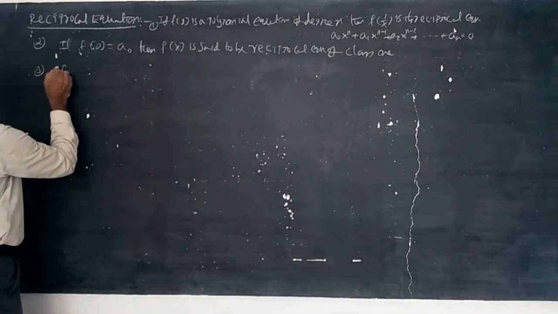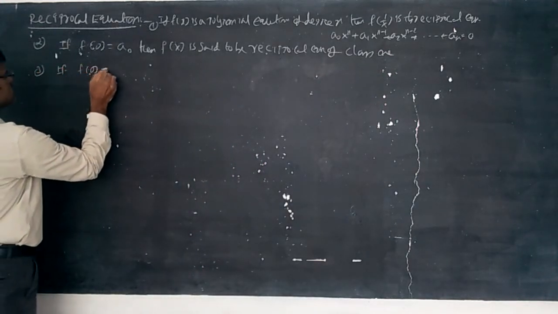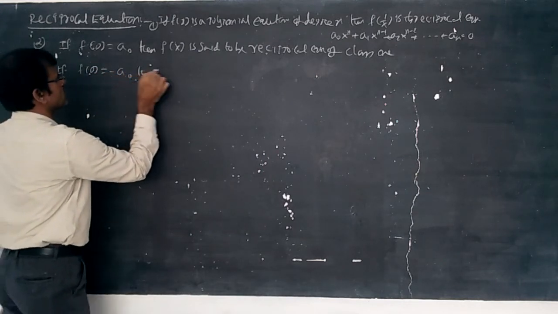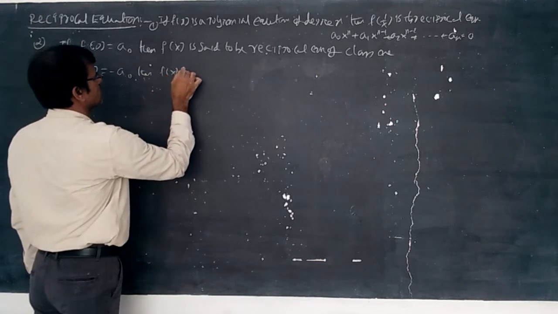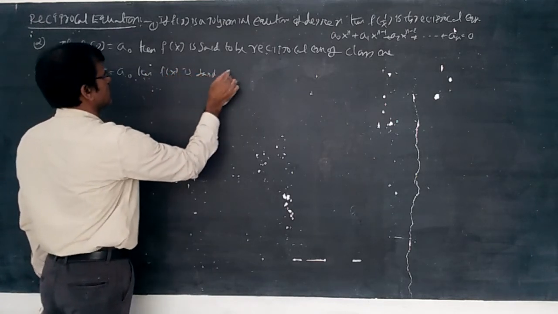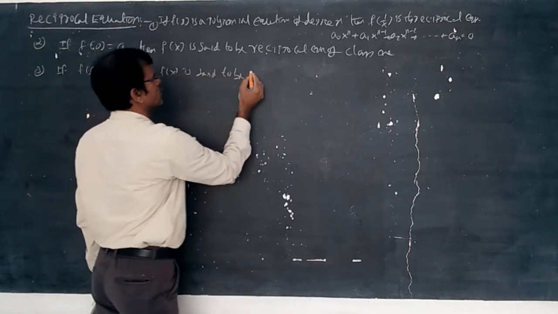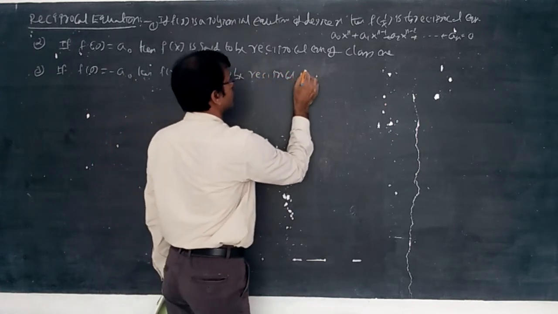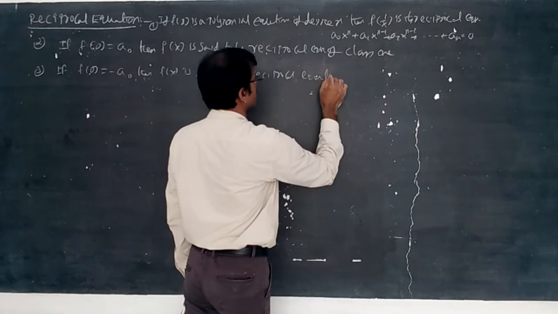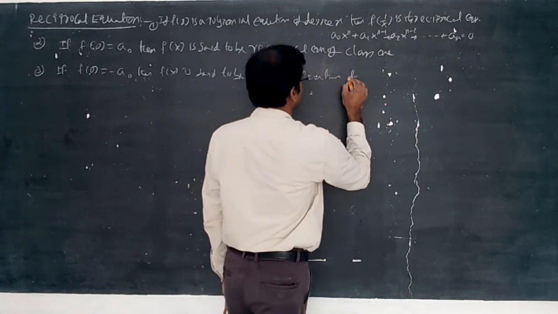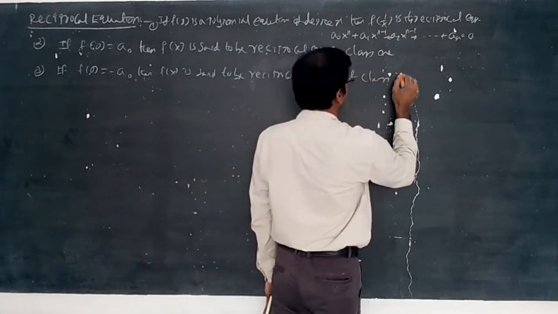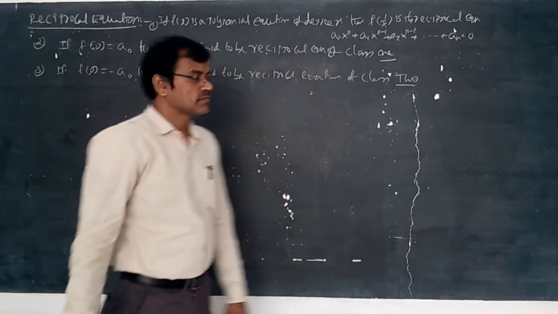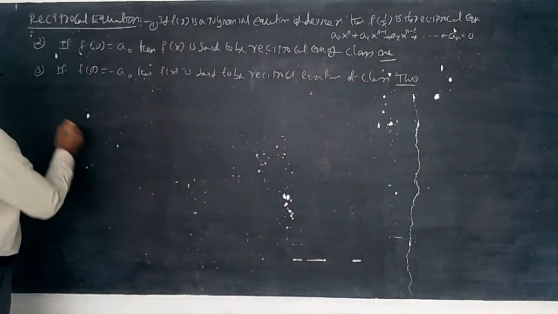Third one. If f of 0 is equal to minus a naught, then f of x is said to be a reciprocal equation of class 2. Now, fourth point.